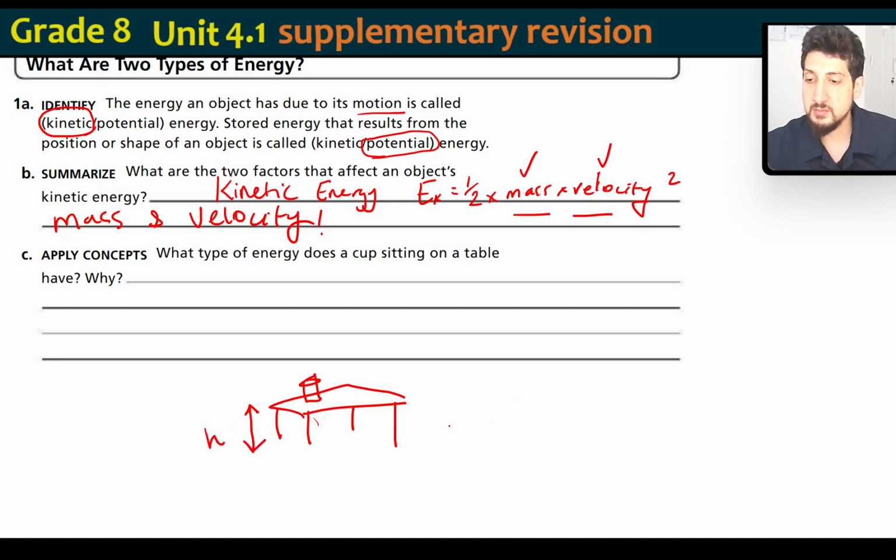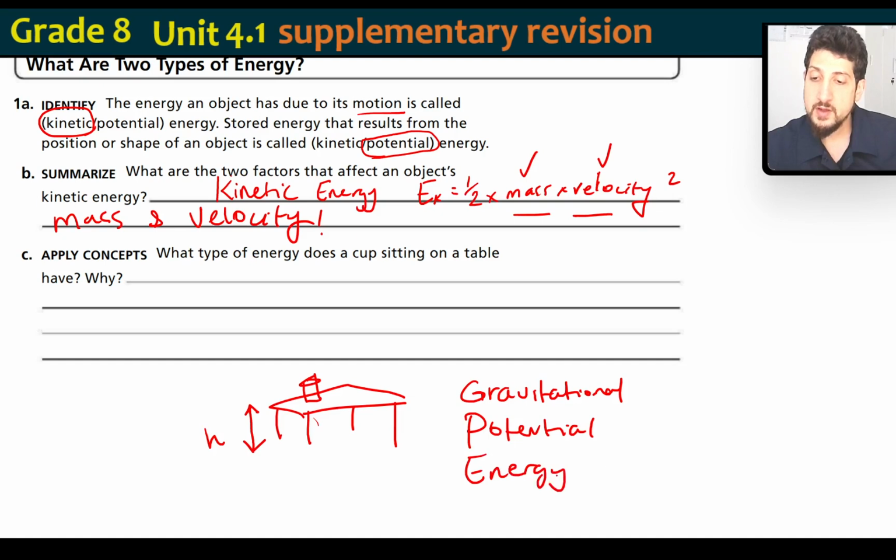Why does it depend on that? Because the type of energy it has is called gravitational potential energy, also known as GPE, gravitational potential energy.